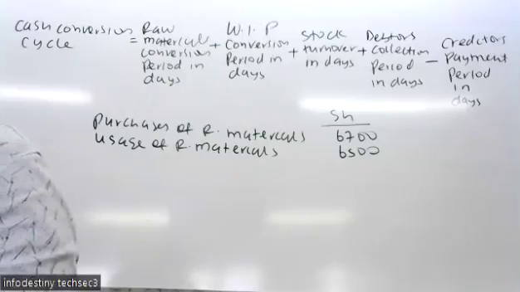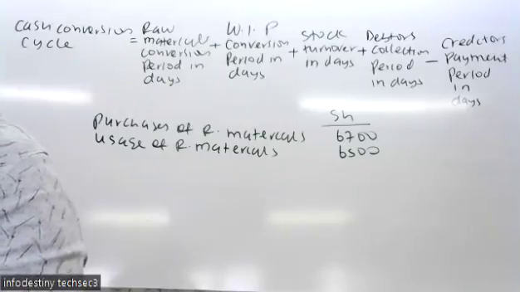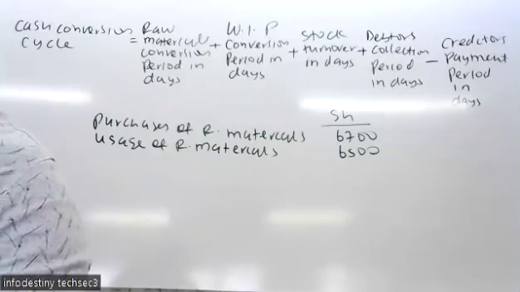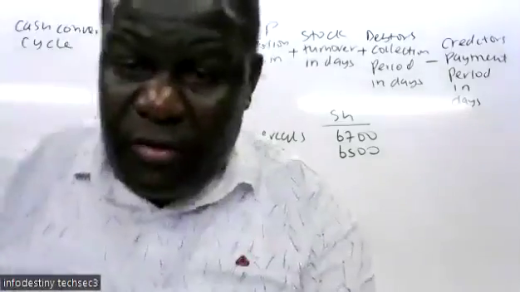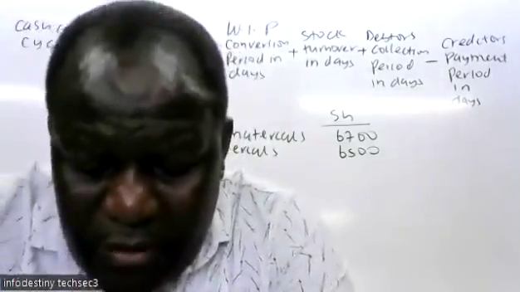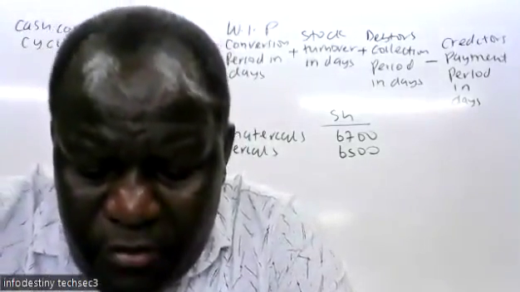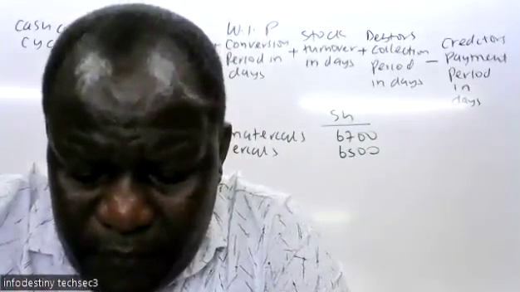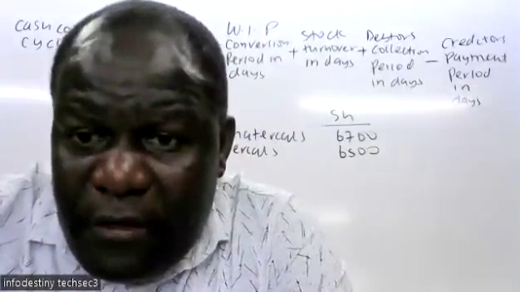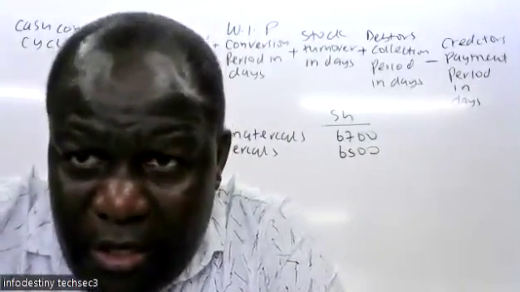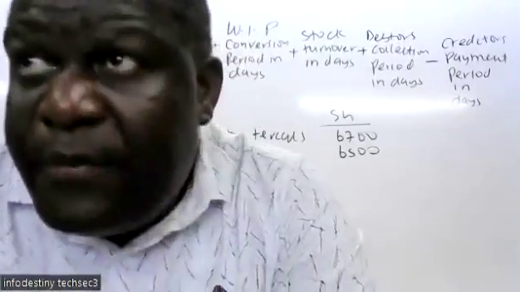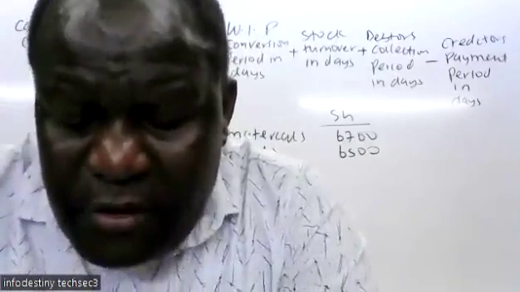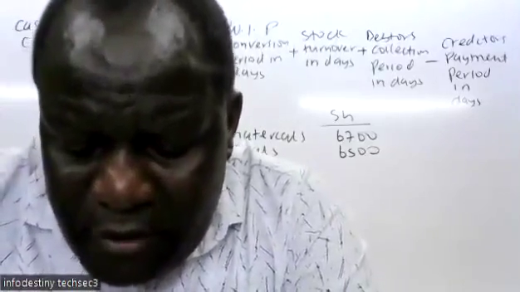The next one will be average work in progress stock, 1,000. The next one will be average finished goods stock, 2,100. The last one will be average debtors, 4,700.